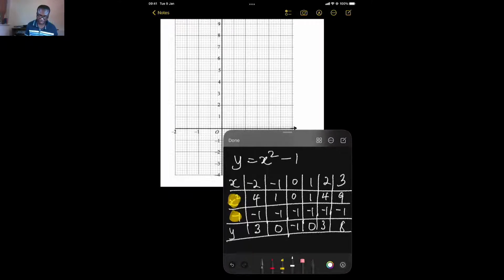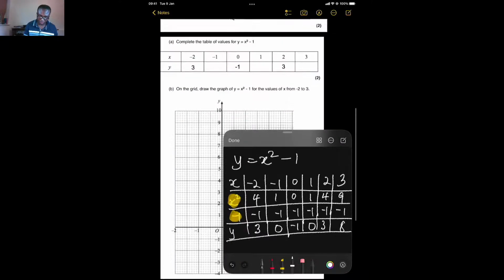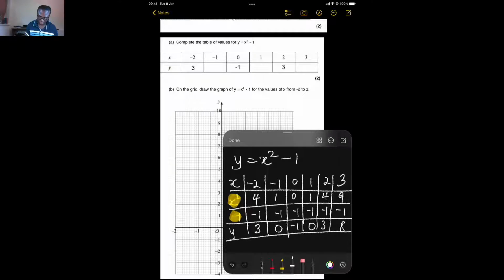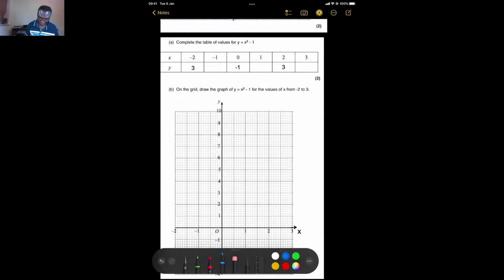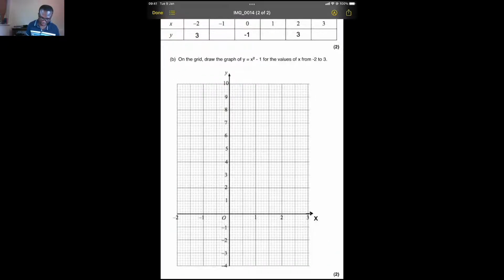Okay, so that means that when we go to our grid, we're going to try and plot these points of our y values. We're going to put these values there that are missing, and then we'll look at our x coordinates.